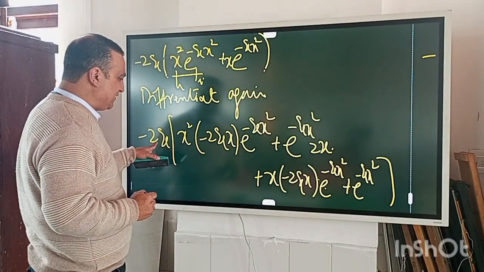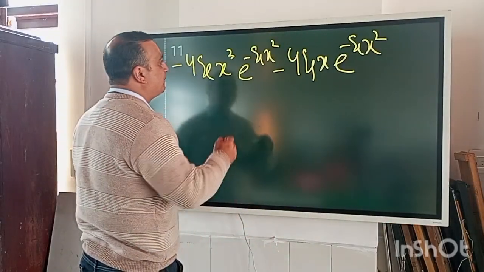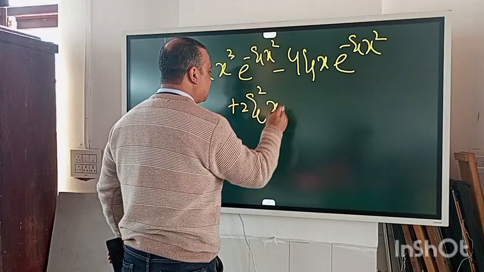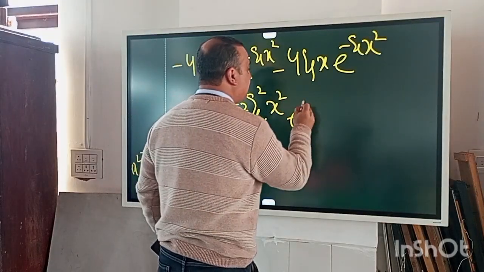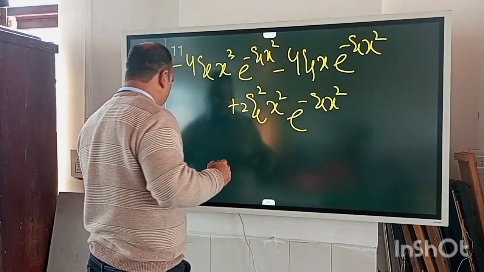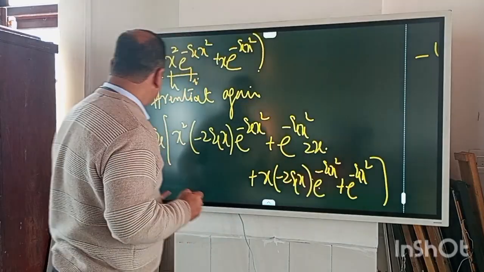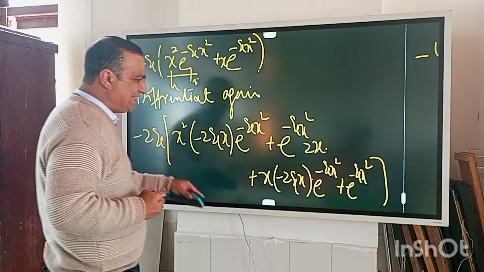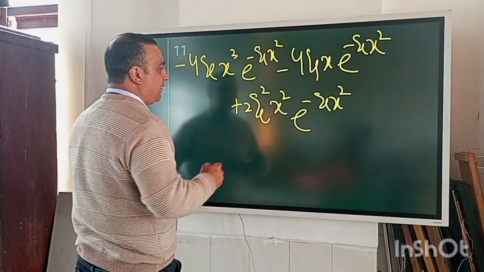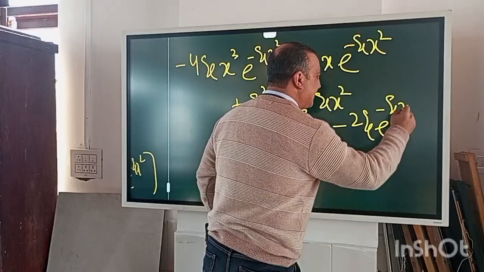So this is plus 2 zeta squared x squared, and then the exponential function e to the power of minus zeta x squared. And the last term will give me minus 2 zeta e to the power of minus zeta x squared.